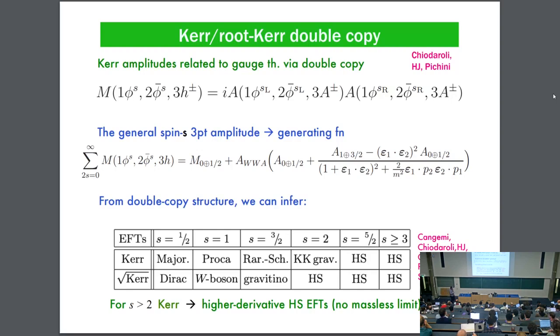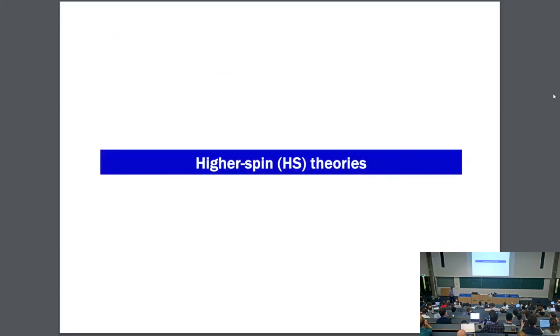So I think from this table we can take some lessons, and the lessons are that this series is a very nice series. They all have something to do with some spontaneous symmetry breaking: the W boson, the massive gravitino, and the massive Kaluza-Klein graviton. So that's the lesson that we want to take home, and we want to use it to develop higher spin theories.